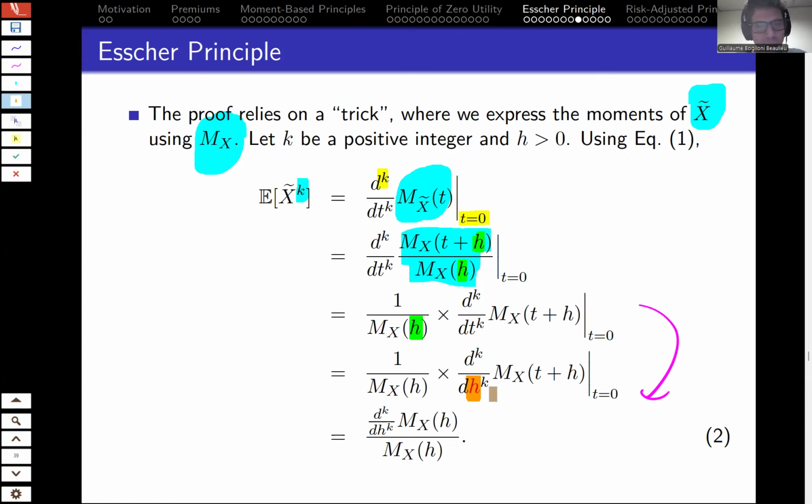That sounds a bit weird at first, but when you think about it, look at this function. It's just the good old MGF that you evaluate at t plus h. But so inside this function, you will have t plus h everywhere. Everywhere, I mean that the initial argument is. So if you take the derivative with respect to t, it will give you exactly the same thing as if you take the derivative with respect to h.